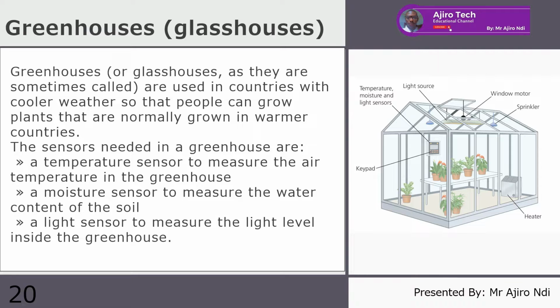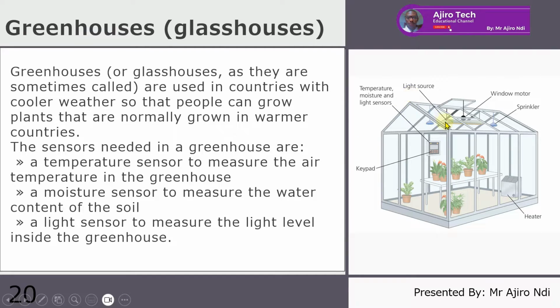So here you have the temperature, moisture and light sensors, and what they are doing is measuring the air temperature in the greenhouse and also the light conditions. If it's dark, what happens? There should be light.